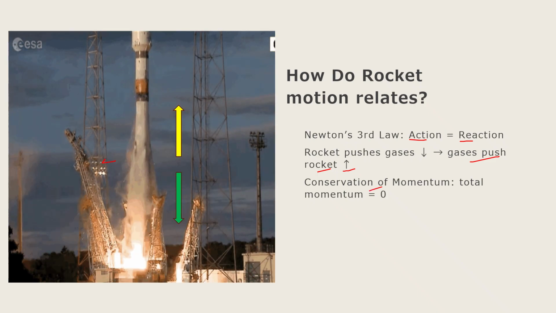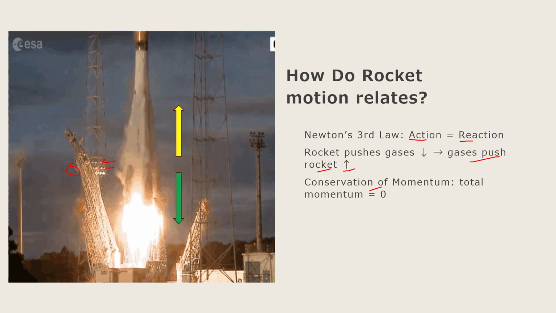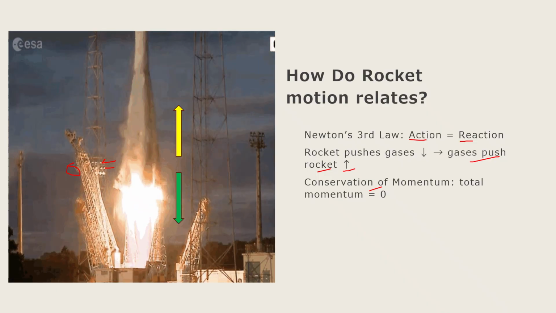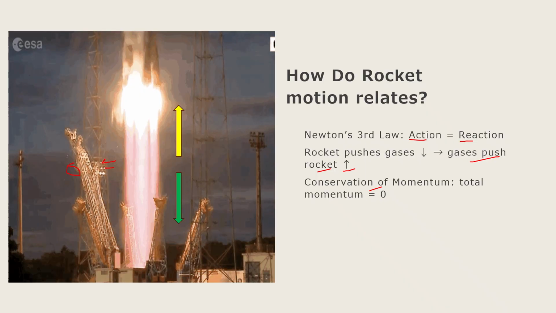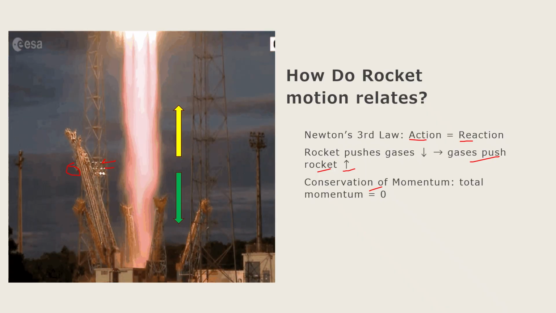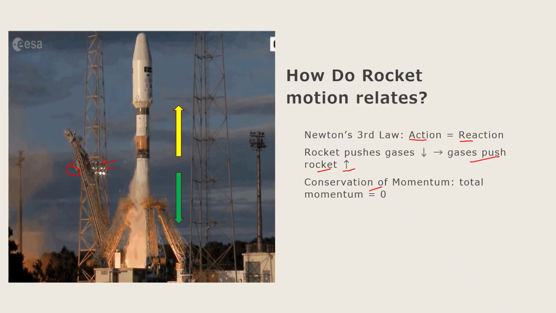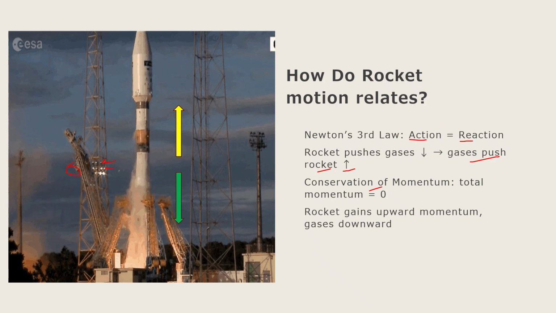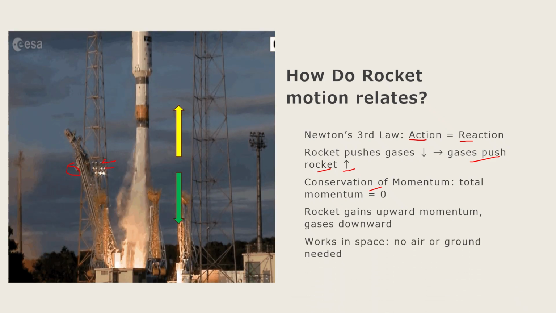The total momentum before the launch was zero as the rocket and the gases both were at rest. After the launch, the momentum of the rocket and gases must be equal to zero. That's why, as the gases are moving in the downward direction, the rocket is moving in the upward direction to conserve the total momentum. And this even works in space where there is no air or ground.